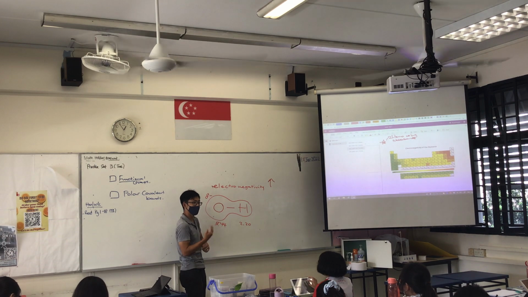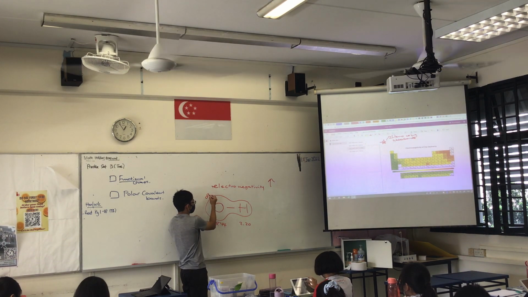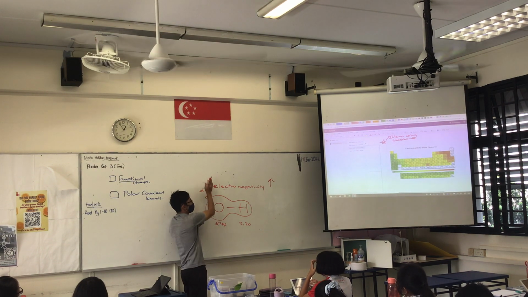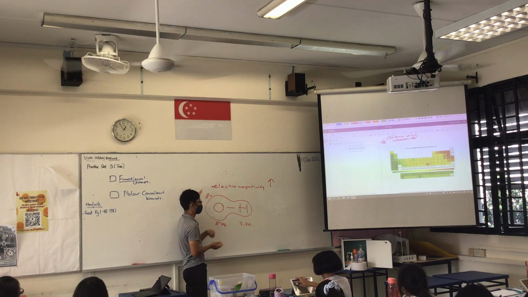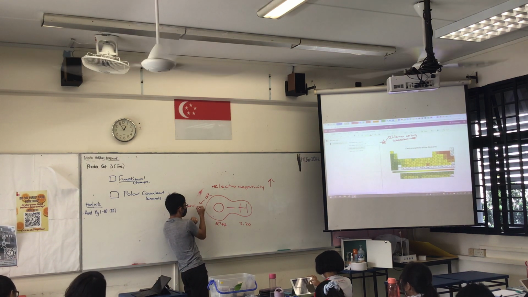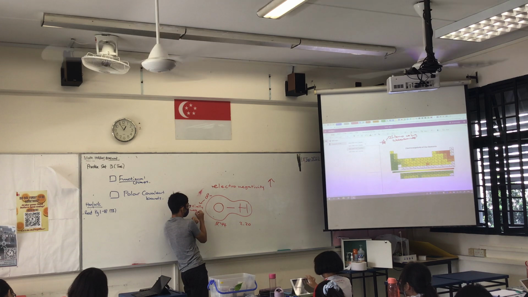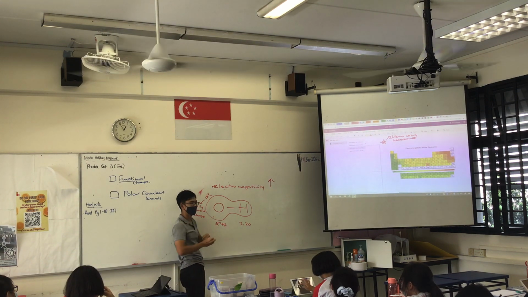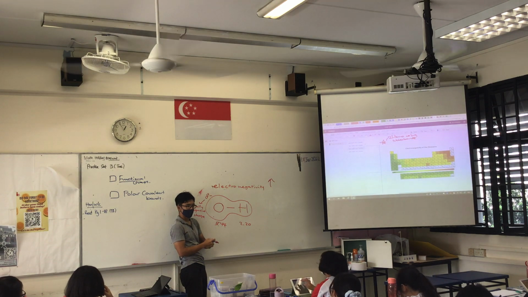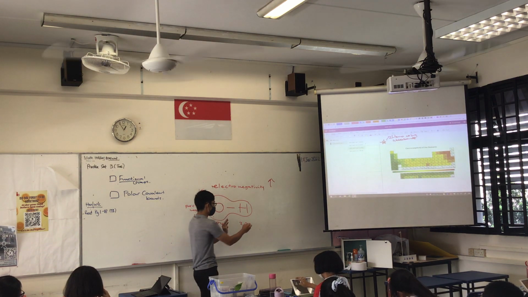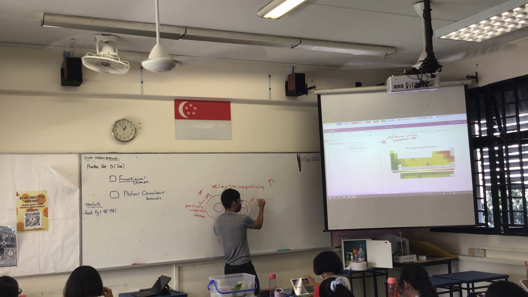We can represent it with this symbol. It looks like a curly-whirly D, delta. So this is a curly D and negative. This means that it has a partially negative charge. Because electrons have been drawn towards oxygen, the hydrogen will exhibit a partially positive charge.